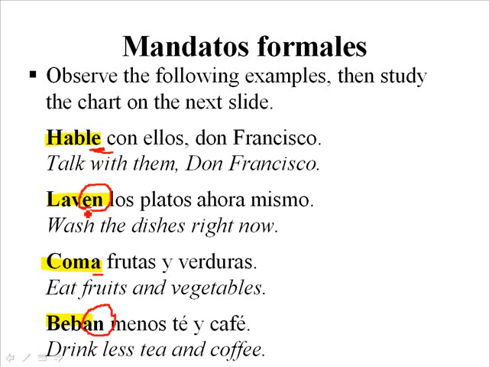Huh. It has an ER ending. Coma. What's the verb? That's right, comer. But this is an AR ending for an ER verb. Beban, what's a verb? Beber. Again, an AR ending for an ER verb. Things have kind of changed from when we did the present tense.